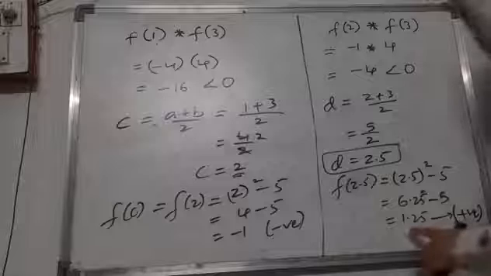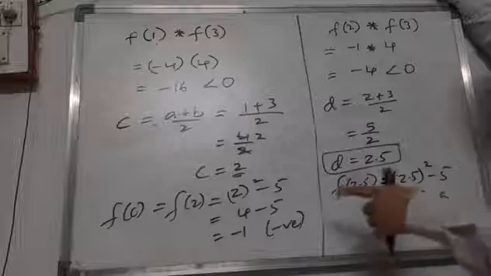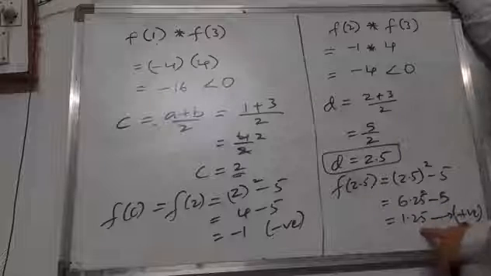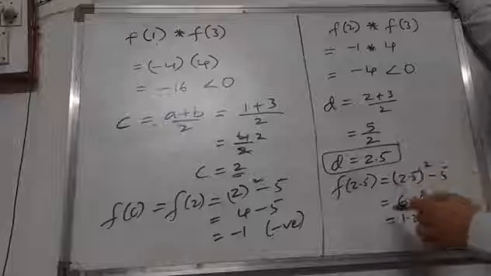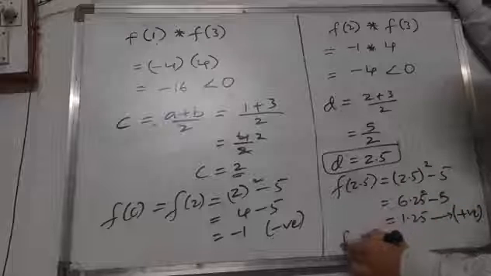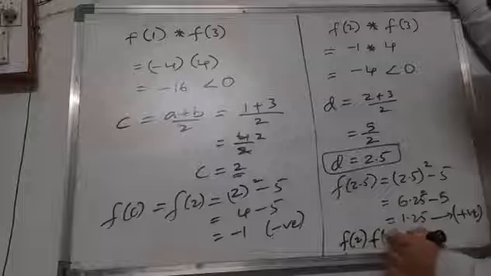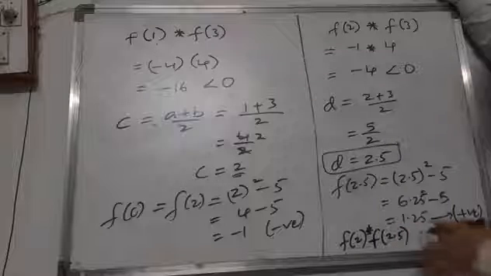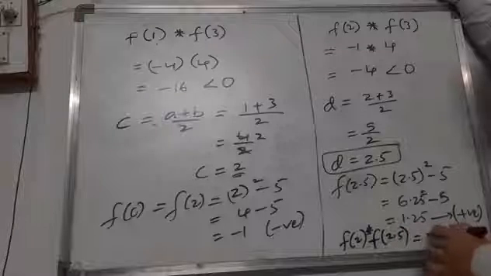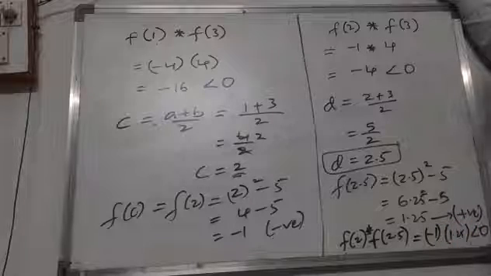So that's why the root is going to lie between f of C and f of D. Okay, right. So now you substitute the values, that is f of 2 into f of 2.5 is equal to minus 1 into 1.25. So this will be less than 0.